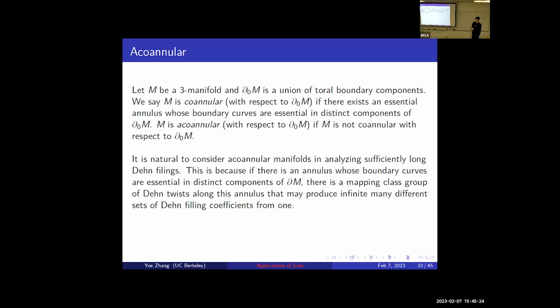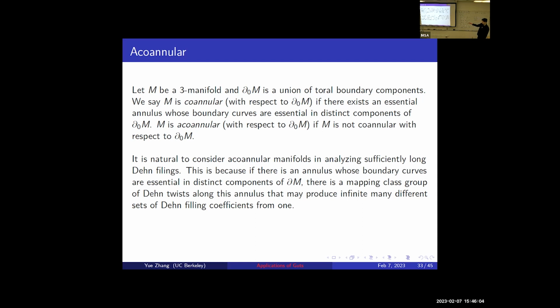And why do we need that? It's because if you have this kind of annulus, then there is a mapping class group corresponding to Dehn twists along this annulus, and that can produce infinitely many sets of Dehn fillings, right? If you have Dehn filling on these two boundaries, and you just do a Dehn twist, then you have another different set of Dehn fillings, and that can produce an infinite set of slopes on each boundary.